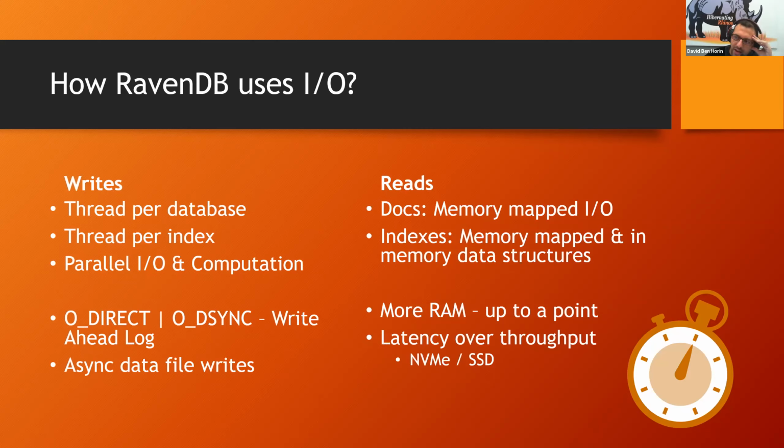We're never doing random writes or anything like that on the write-ahead log. We allocate the space on disk and write to it in a sequential fashion, which is the fastest way to go about it. That's it.